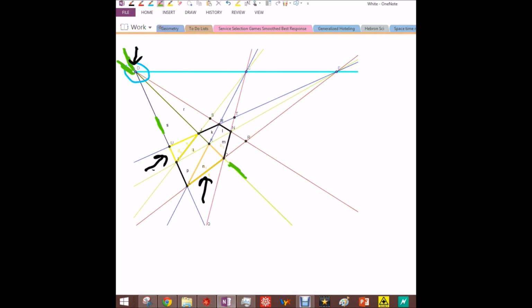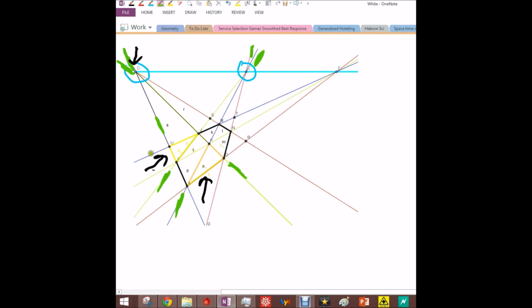Now let's do something similar again. We'll use this line here, generated by this yellow triangle, and that goes through here. And we'll use this line here, generated by this orange triangle, and that goes through this point here. So we get this point here, and you can probably guess the third part of what's going to happen.